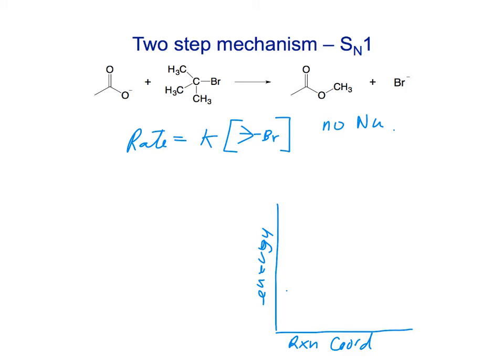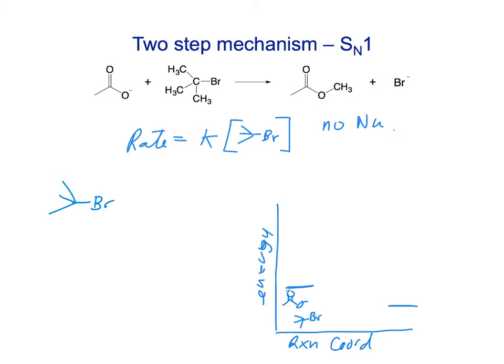Again, we're going to have the reactants and the final product looking about the same. And so here is our nucleophile and our alkyl halide. But in this case, because this is a two-step reaction, we're going to also have an intermediate. Let's go ahead and draw out the whole mechanism.